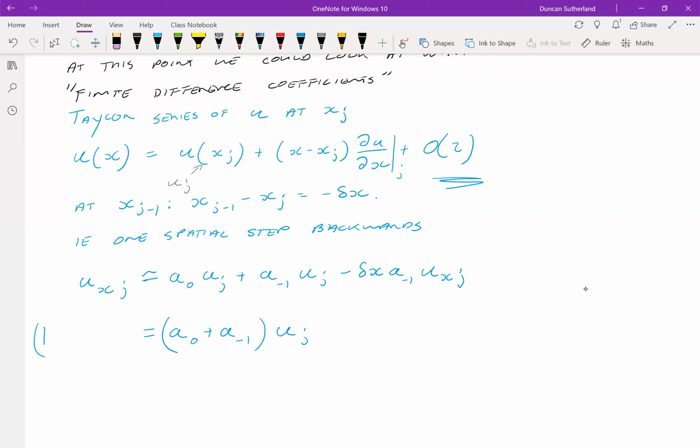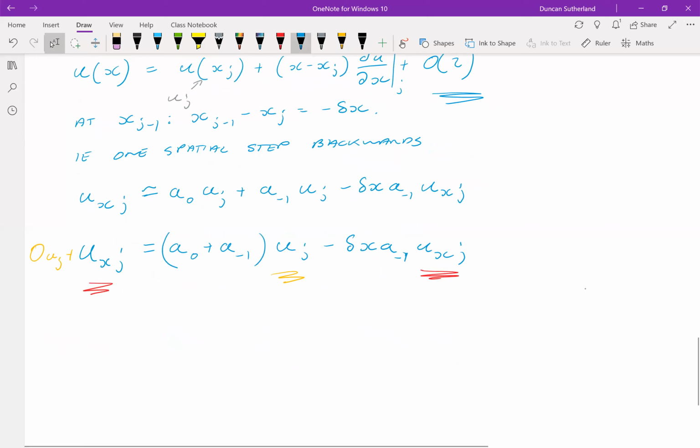I prefer to do it this way. I now need to balance my terms. I can balance this term because I have it on both sides. There's a 1 here. There's one of these. There's 0 of these terms. 0 uj plus on the other side. So I know that a0 plus a minus 1 has to be 0. So this term disappears.